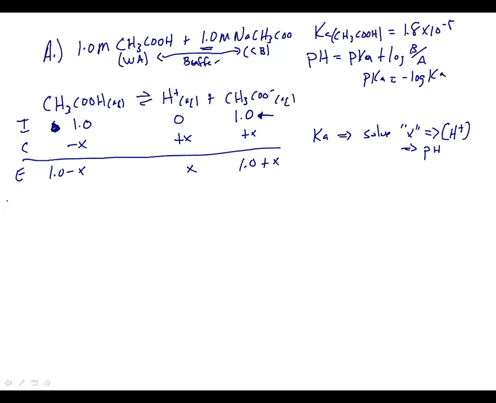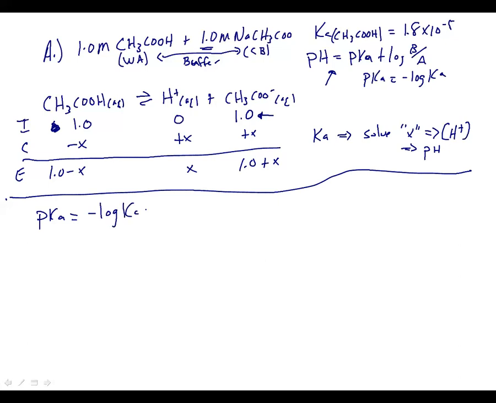The easier way, if you recognize that this is a buffer, is to go directly into the Henderson-Hasselbalch equation, where the pKa value here would be minus the log of the Ka. That's going to give us 4.74.